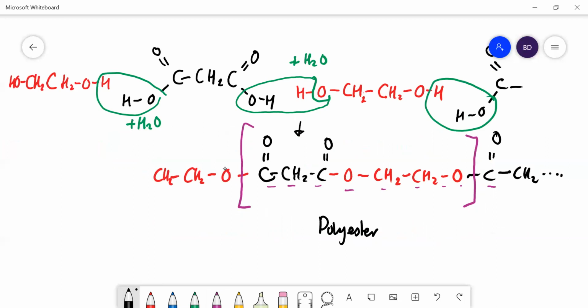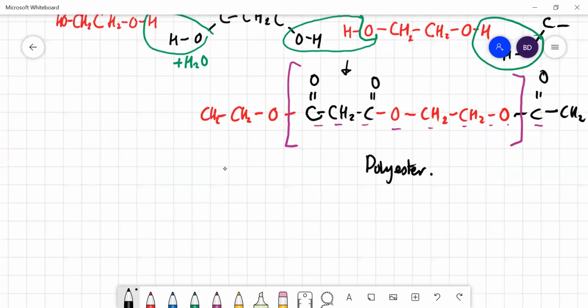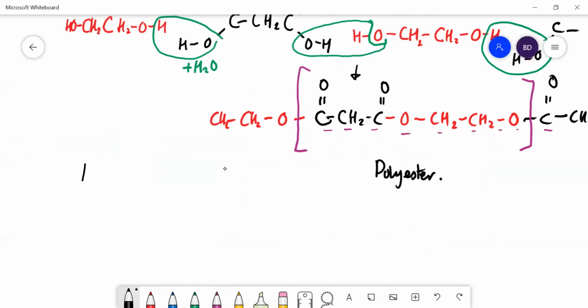And there is one example of a polyester that the specification says you need to know for the exam, and it is called Terylene. That's its trade name, and it is a polymer of the monomer, this stuff, which is called benzene 1,4-dicarboxylic acid.